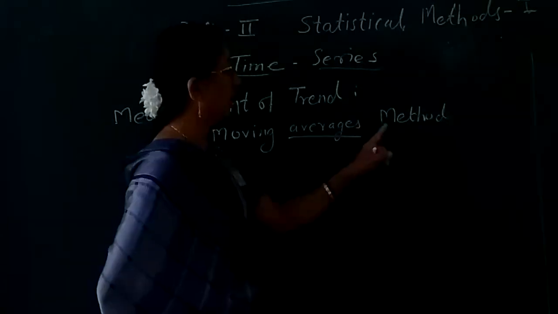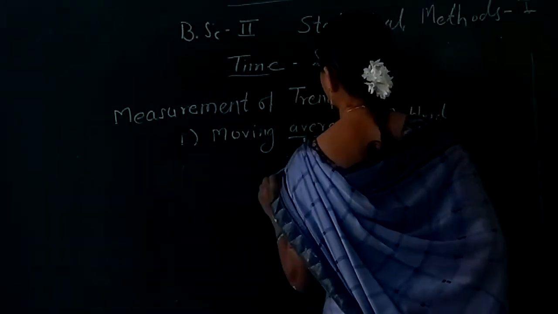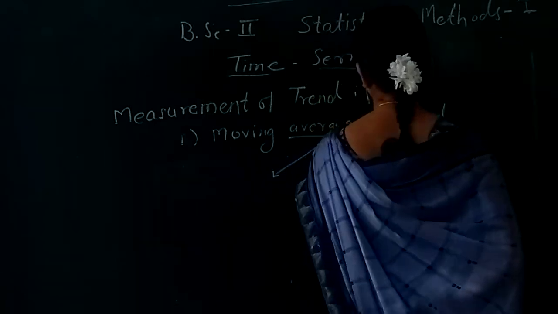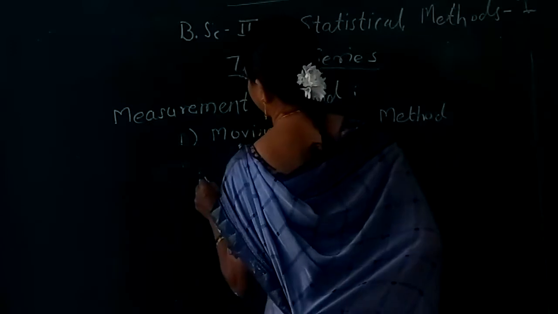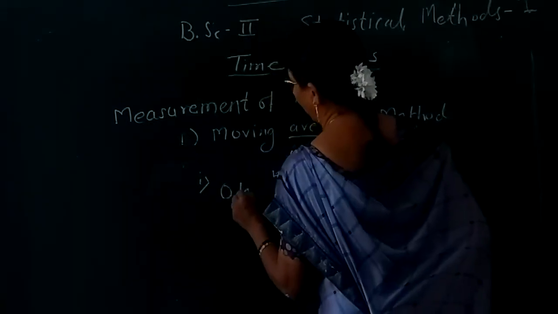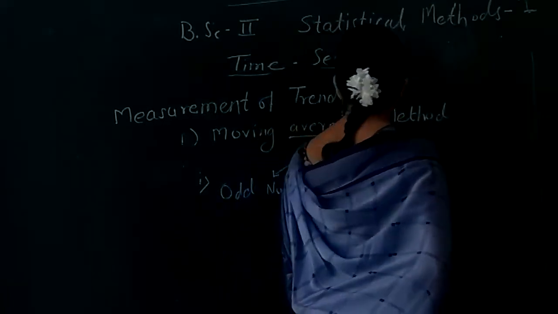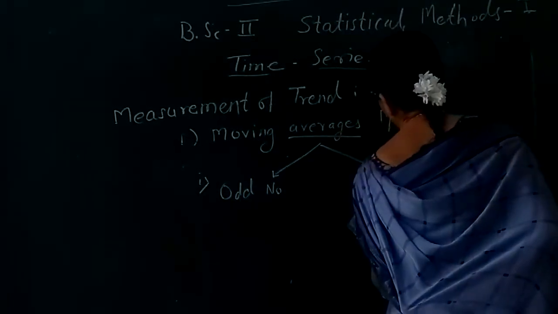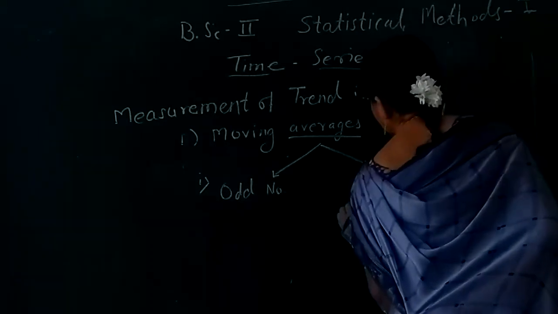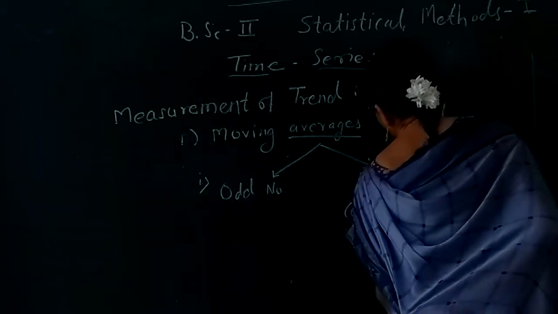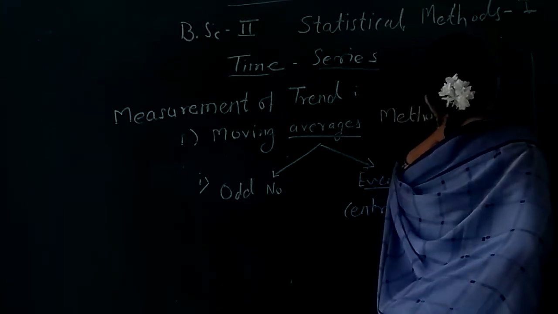In the moving average method, there are two types: considering odd numbers and even numbers, that is central moving average.